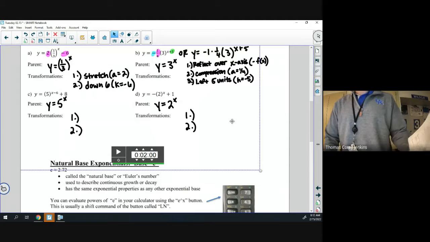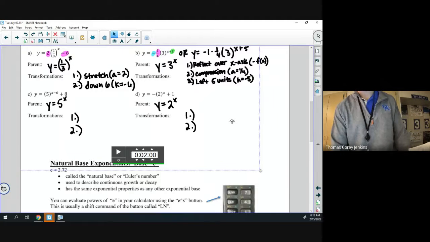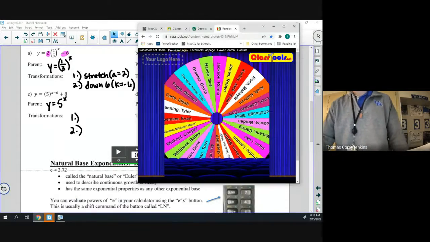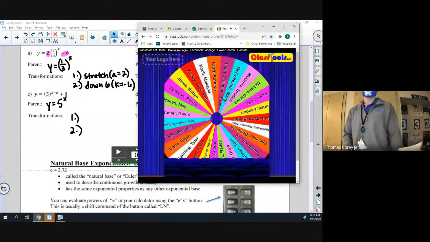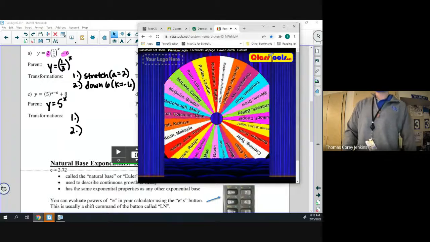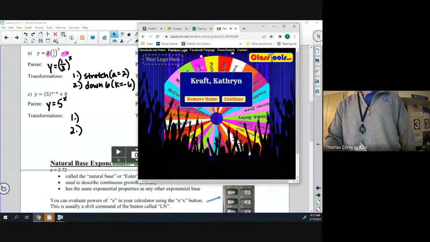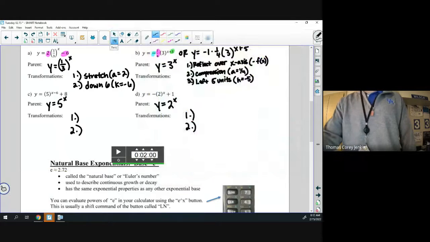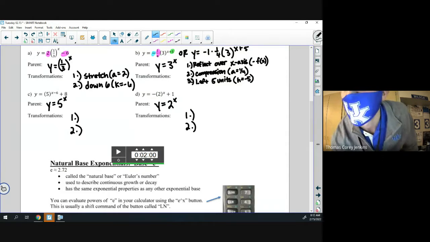Okay. All right. So looking at C, we have 2 transformations from the parent function. If you get called on, I'd like you to try to list both if you can. All right, Ms. Kraft, what transformations did you come up with?